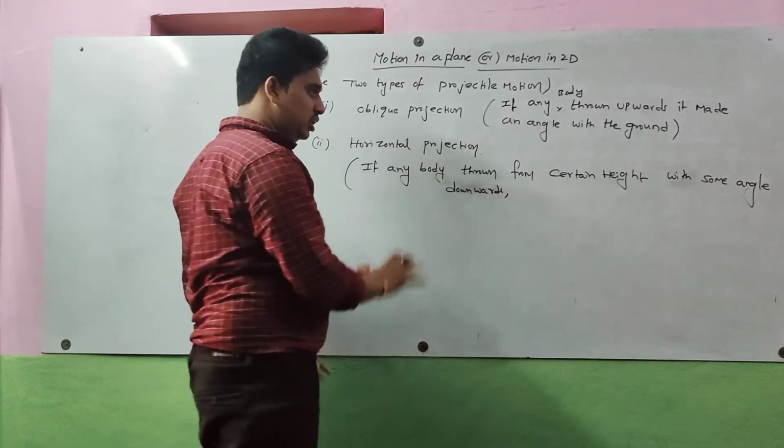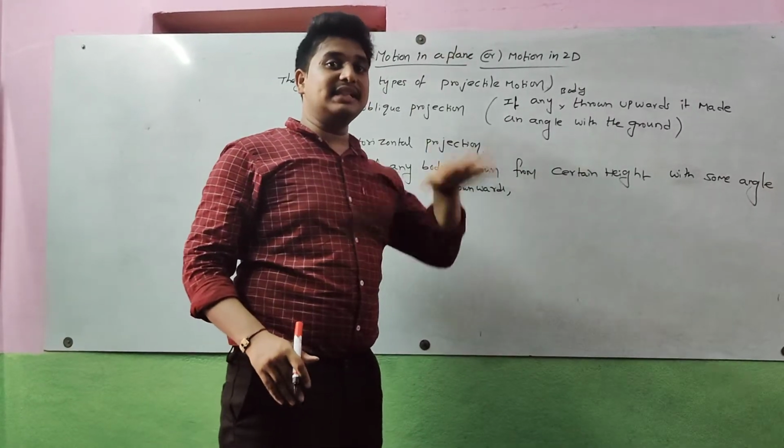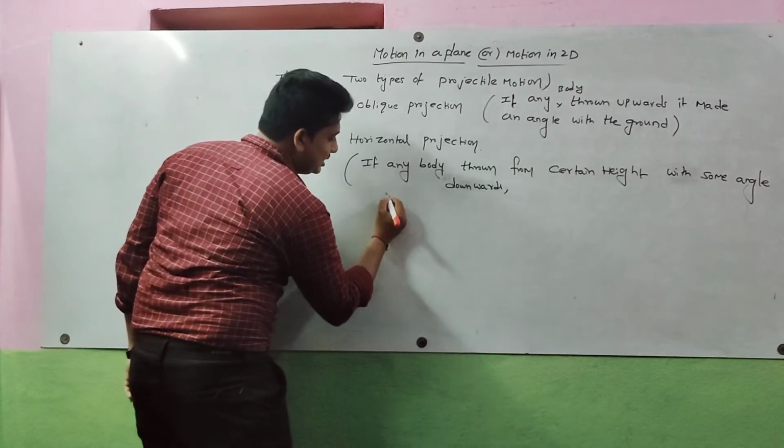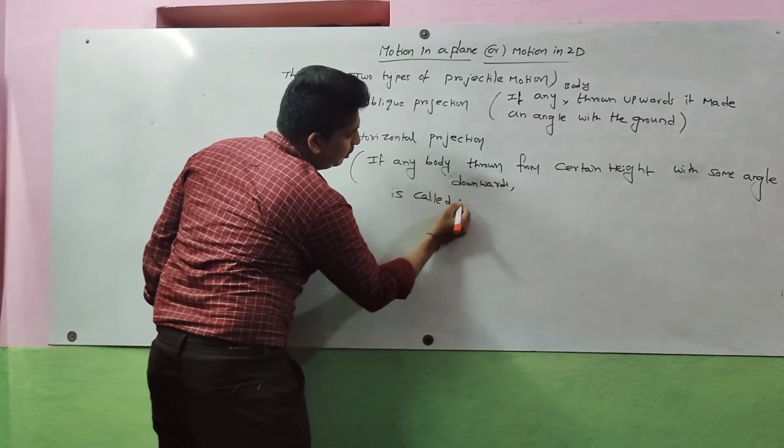If any body is thrown downwards from a certain height with some angle, that is called horizontal projection.